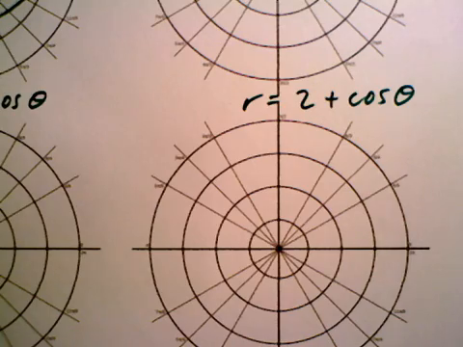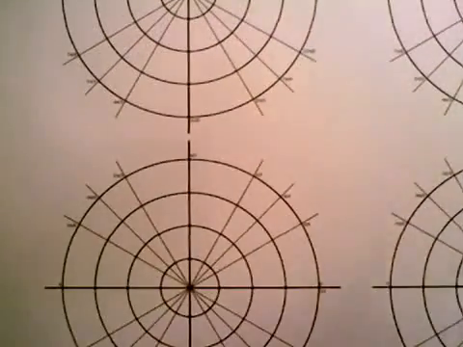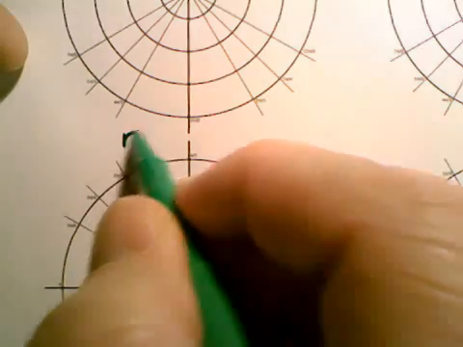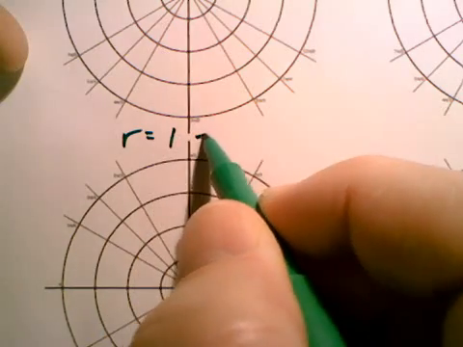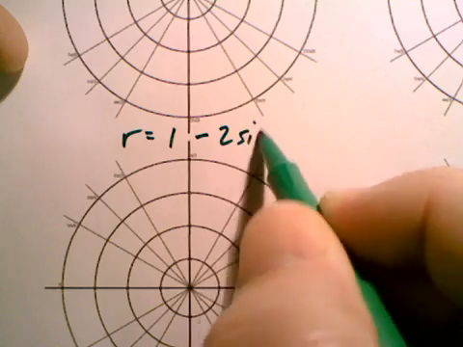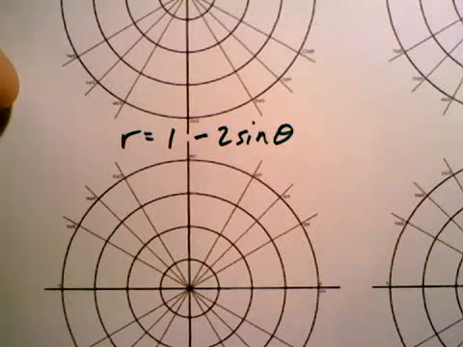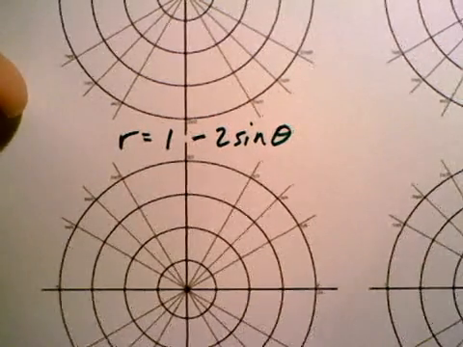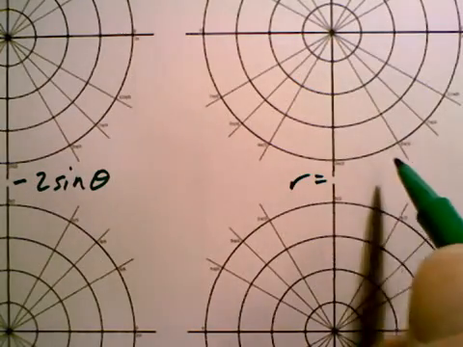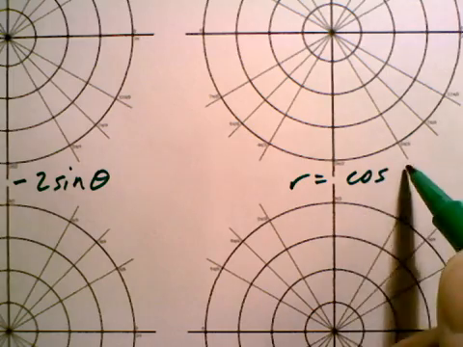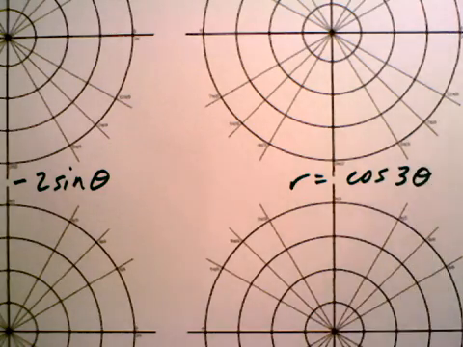Okay, so these I want you to try on your own. Okay, down here, we're going to go r equals 1 minus 2 sine theta. Okay, and then we're going to go r equals cosine of 3 theta down there.